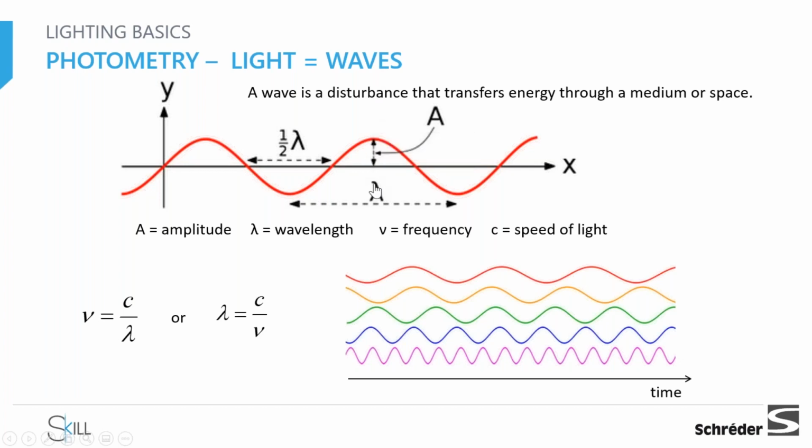We also have lambda, which is called the wavelength. We have a frequency and we have the speed of light. The wavelength and the frequency are correlated in the formula below: the frequency equals the speed of light, which is almost 3×10^8 meters per second, divided by the wavelength.